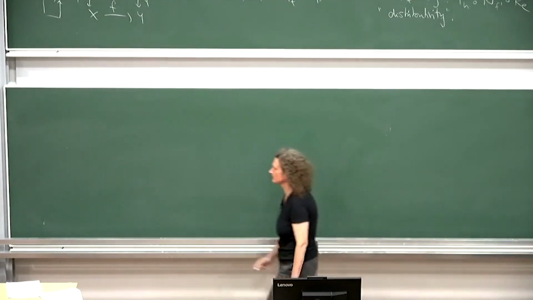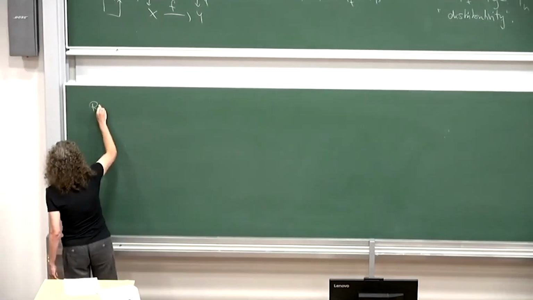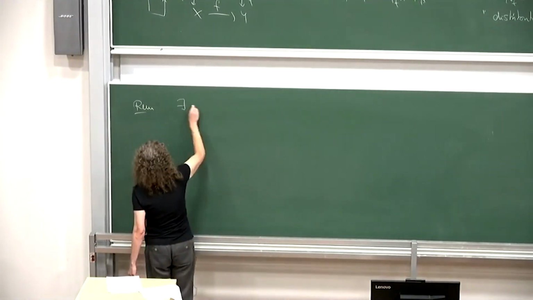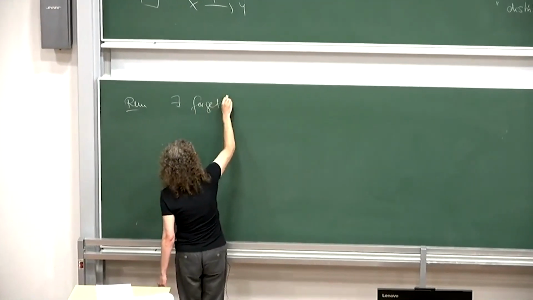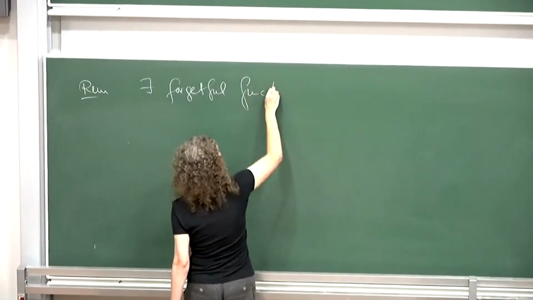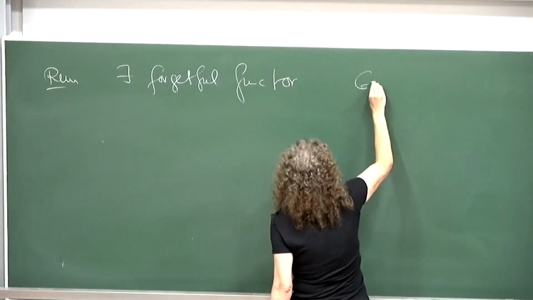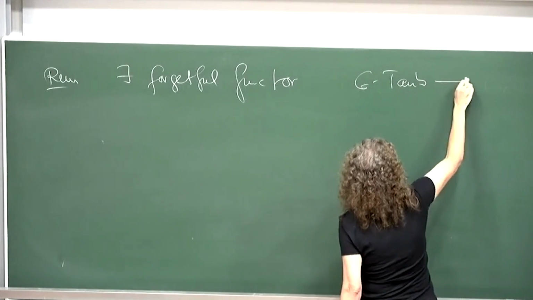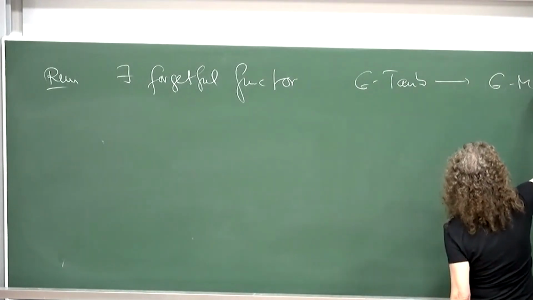So we do have a forgetful functor from G-Tambara functors down to G-Mackey functors.